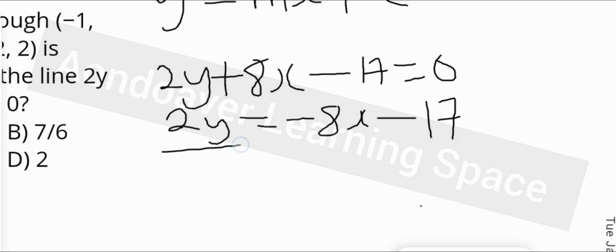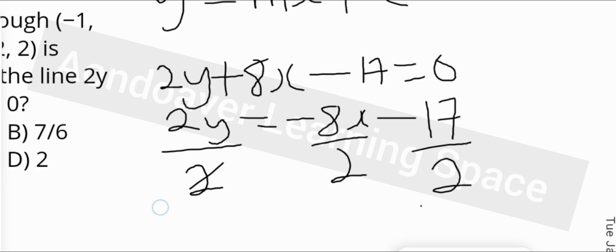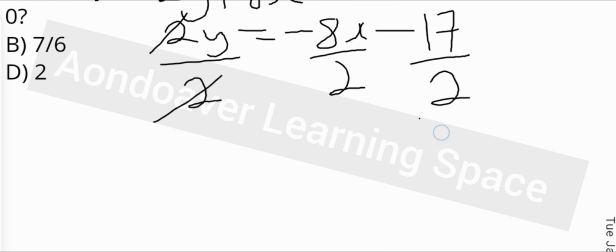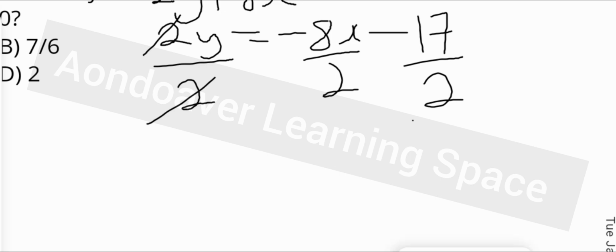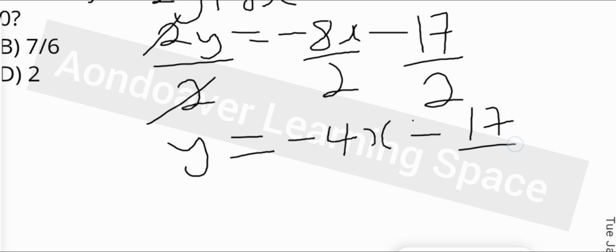From here, we divide both sides by 2. 2 goes with 2. So we have y equal to minus 8x divided by 2, which gives us minus 4x minus 17 over 2.